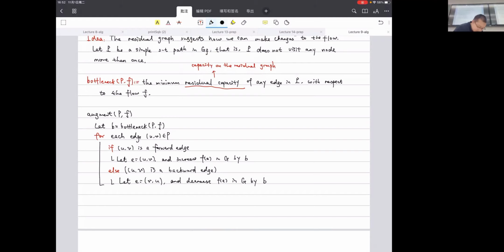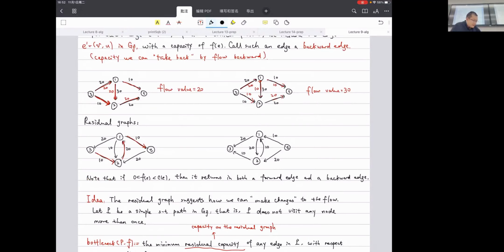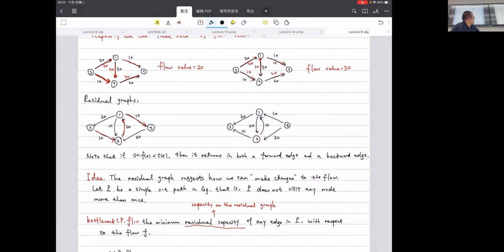Let me explain a little bit about the part where (u, v) is a backward edge. Considering the way that we define the backward edge, as long as we have a backward edge from u to v in the residual graph, it means that in the original graph G we have an edge from v to u.